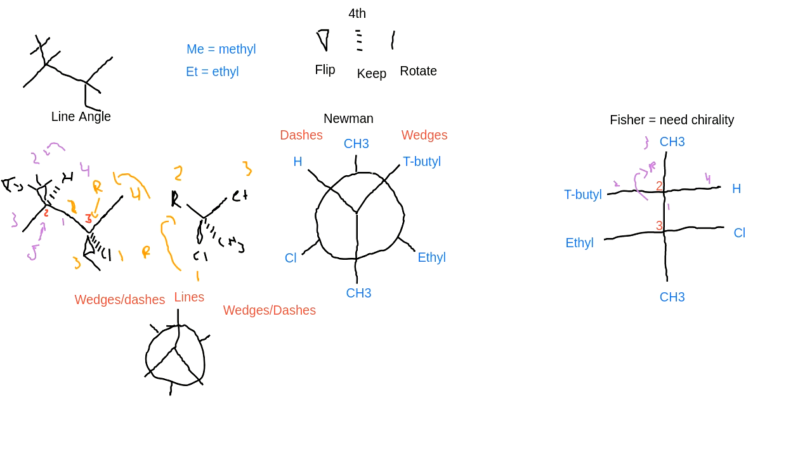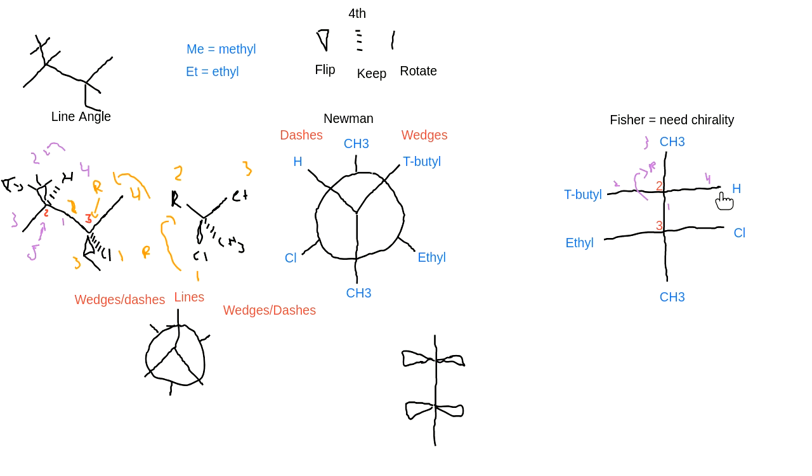So in Fischer projections, everything on the side are technically wedges. And because of that, we always have to flip whatever chirality we get. So when I placed hydrogen here and T-butyl here, I get an R formation, okay? Once I do that, I have to automatically flip it because my fourth group will always be on the side.